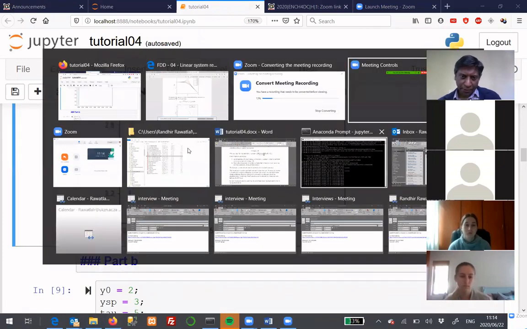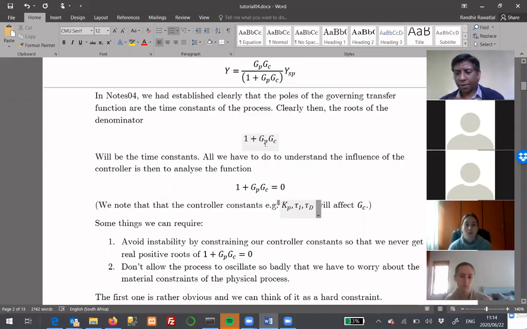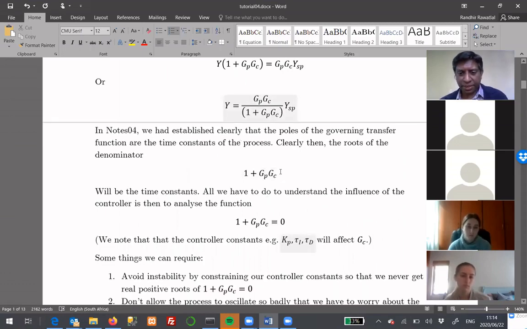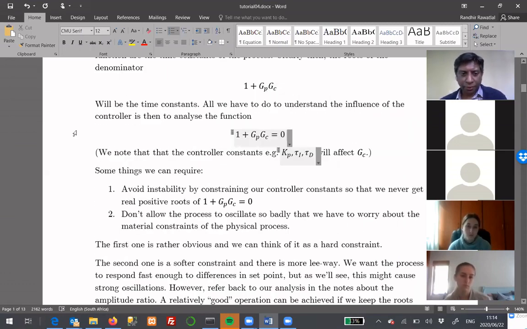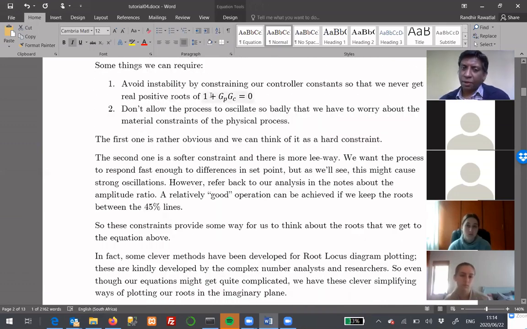So going back to our more formal, well-established way of investigating the plane, right? That was us going into the time domain and playing around with Kp. But we have in the Laplace domain this nice analysis that we can do. So first of all, we said that we can look up the roots of the system, and we can then understand how the solutions to this are going to show up in our time domain.